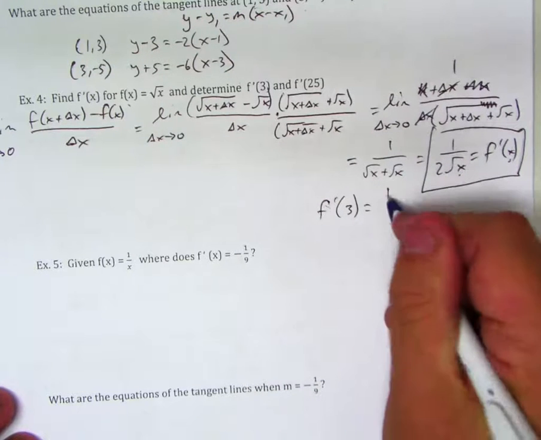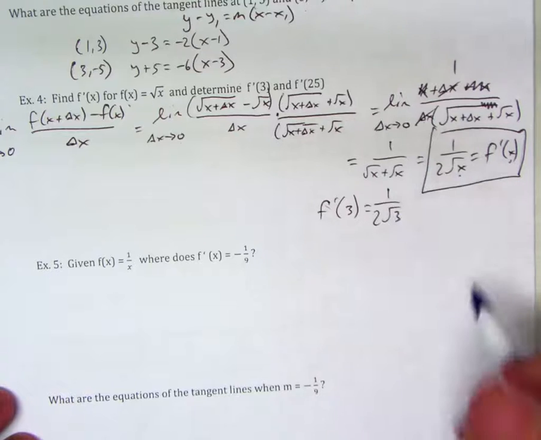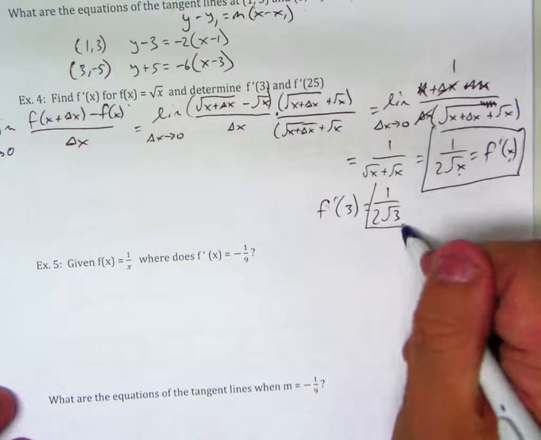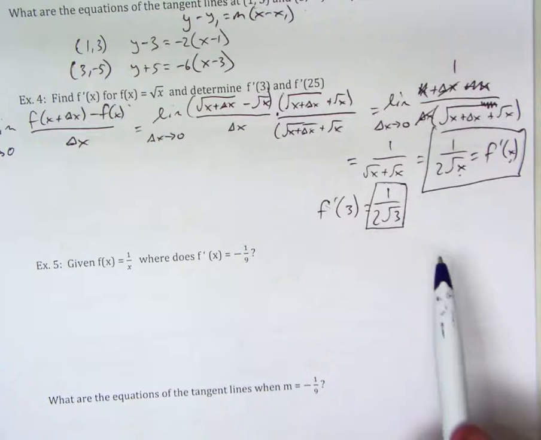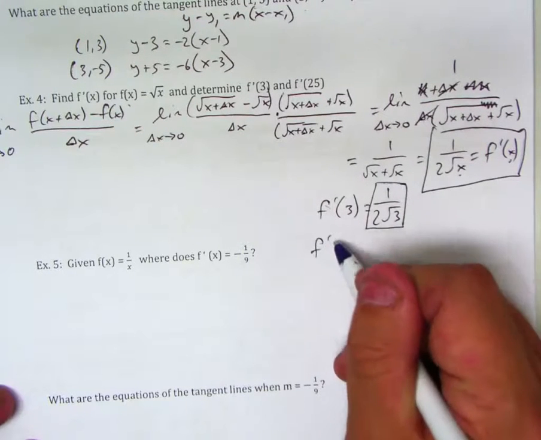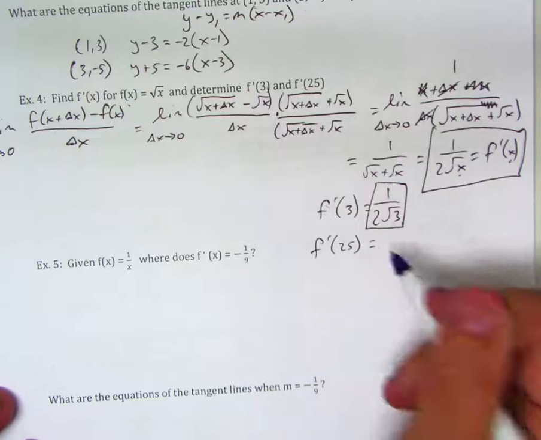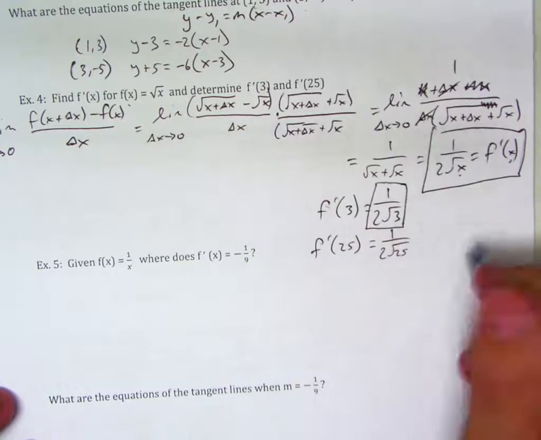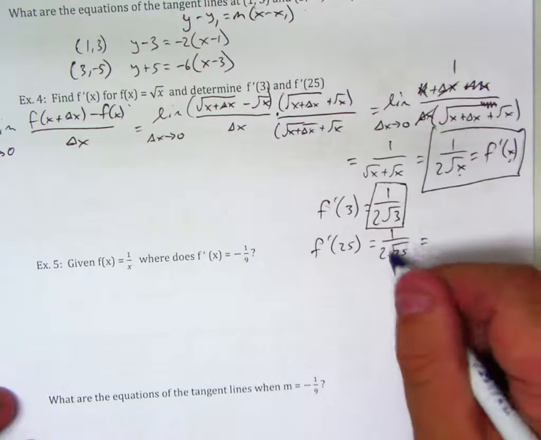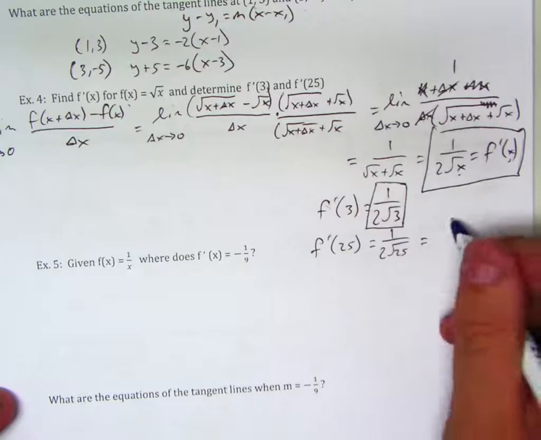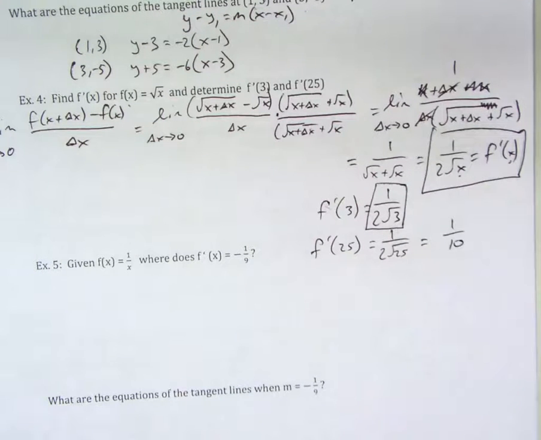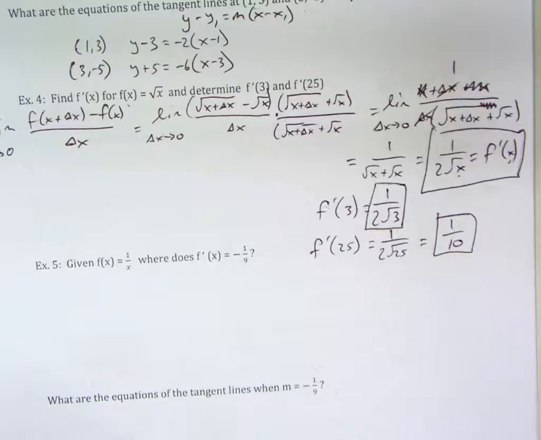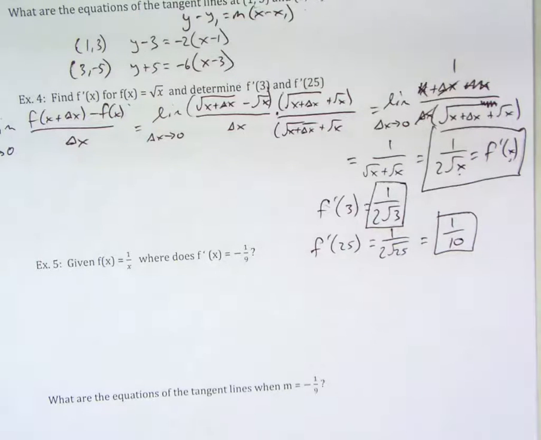So 1 over 2 square root of 3. This is the slope of the tangent line at 3. And find f prime of 25. So plug 25 in. So you have 1 over 2 square root of 25, which is, well, that's 5. So 1 over 2 times 5 is 10. And that's the slope of the tangent line at 25.